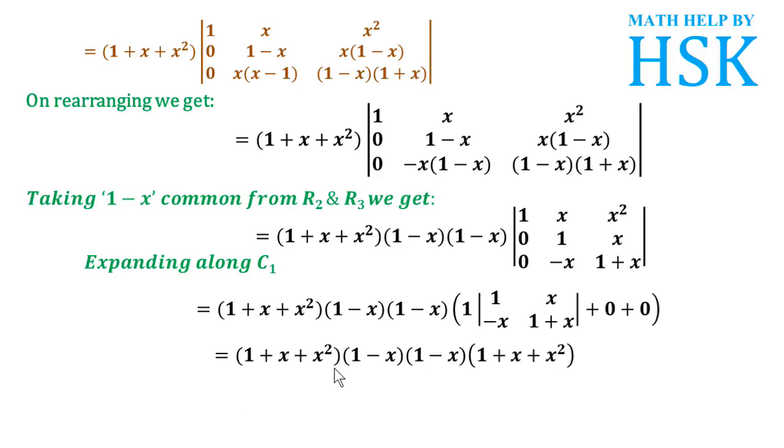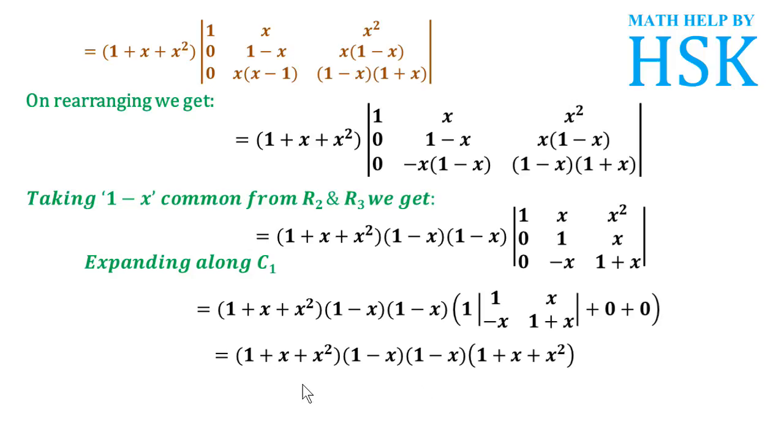Now, on solving further, I'm going to get this as equal to 1 plus x plus x square into 1 minus x into 1 minus x, and on expanding this determinant, I'm going to get 1 plus x minus x square, so 1 plus x plus x square.